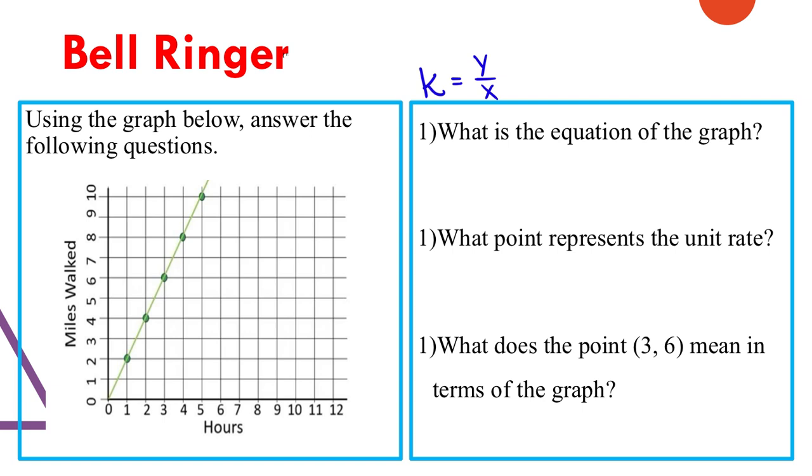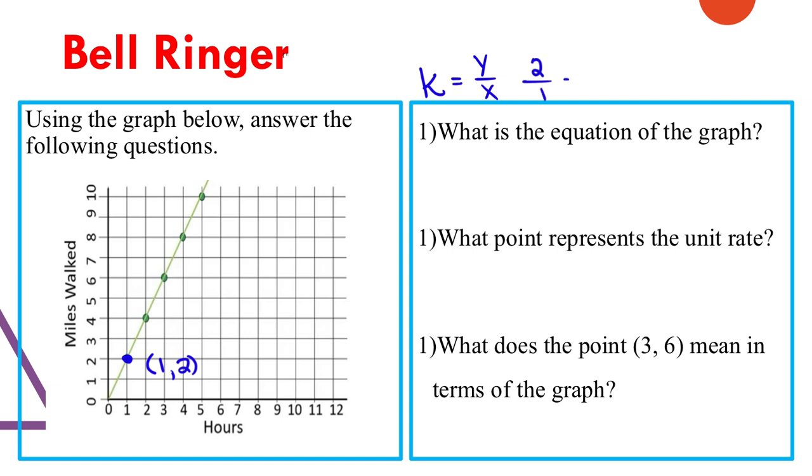Jimmy says yes. Jimmy, which point did you use? 1, 2. You used 1, 2? Okay. So the coordinate 1, 2. And if you do y over x, are you going to do 1 over 2 or 2 over 1? 2 over 1.